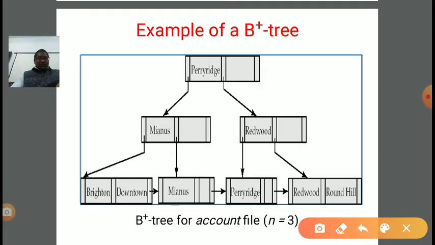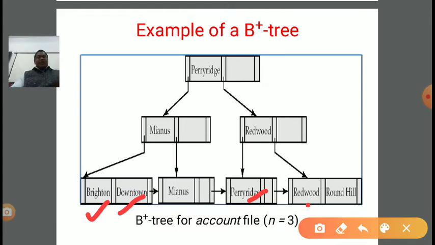Next, if you see the leaf nodes, Manus's left pointer is pointing to Brighton, and Brighton has two children, downtown and Brighton. Downtown is pointing in sequential manner to Manus, which in continuation points to Paris, and Paris in continuation points to Redwood and Round Hill.